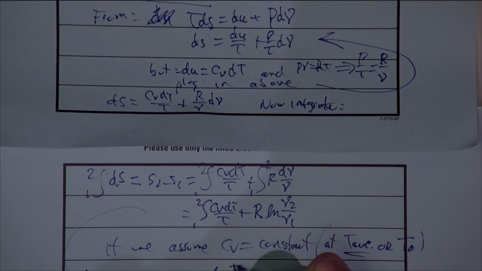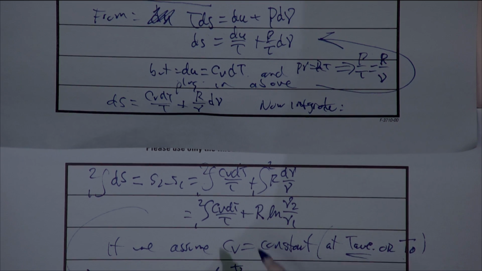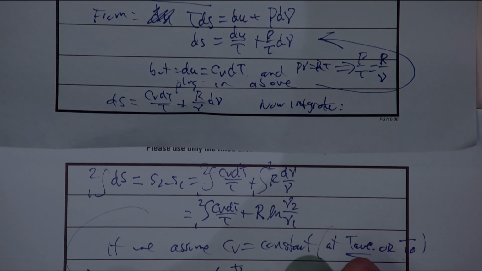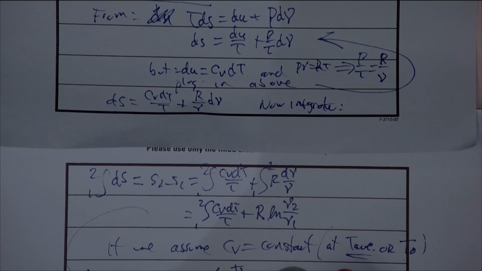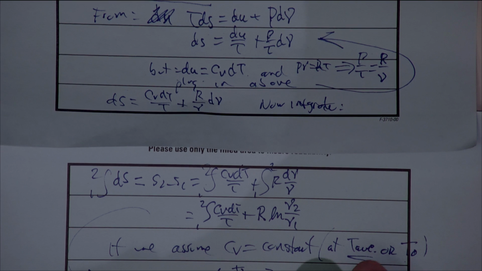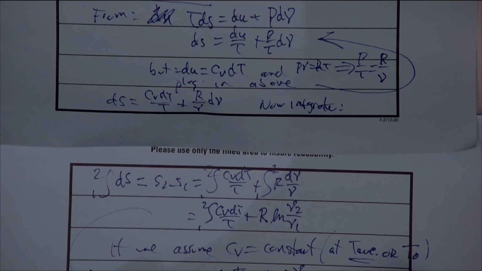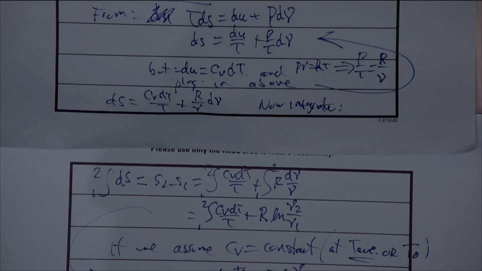It's just a natural log evaluated between t1 and t2, so that's log t2 over t1. So we have CV log t2 over t1, and then plus R natural log v2 over v1. And this is how we're going to solve for our problems. This is how we're going to find the entropy change for an ideal gas.